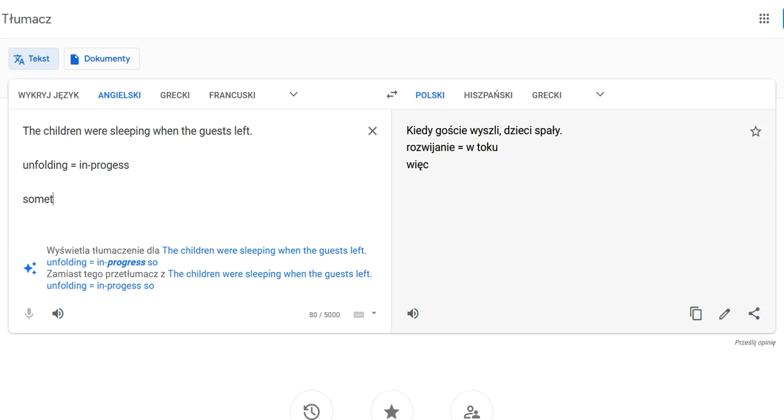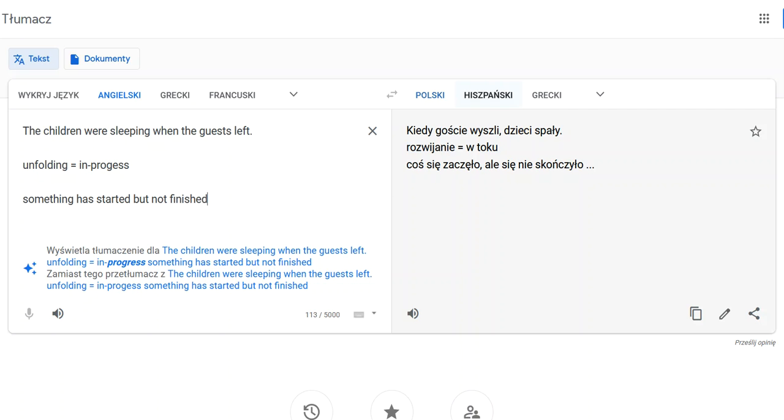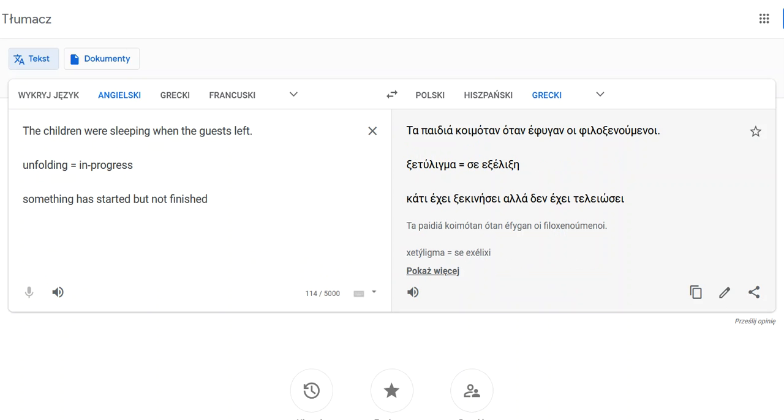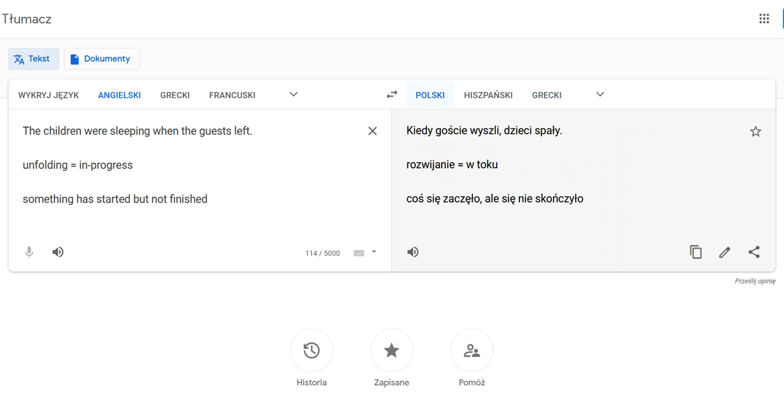Something has started but not finished, not ended. Okay? So, in progress.